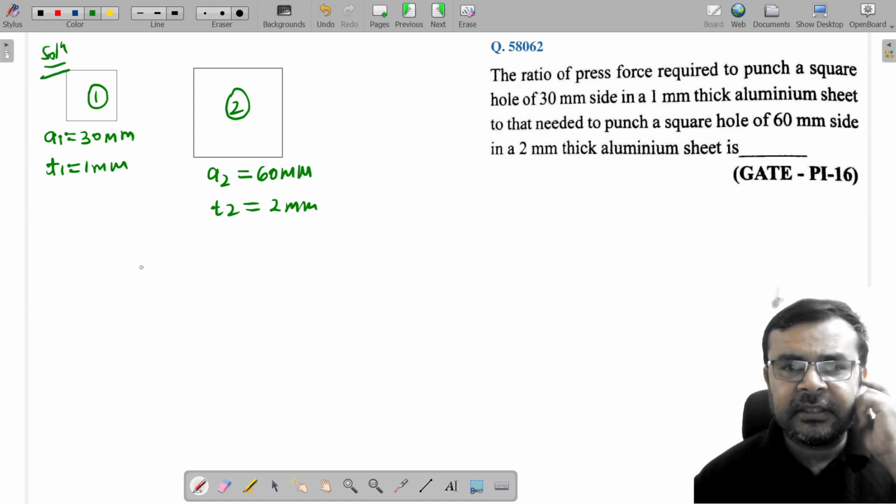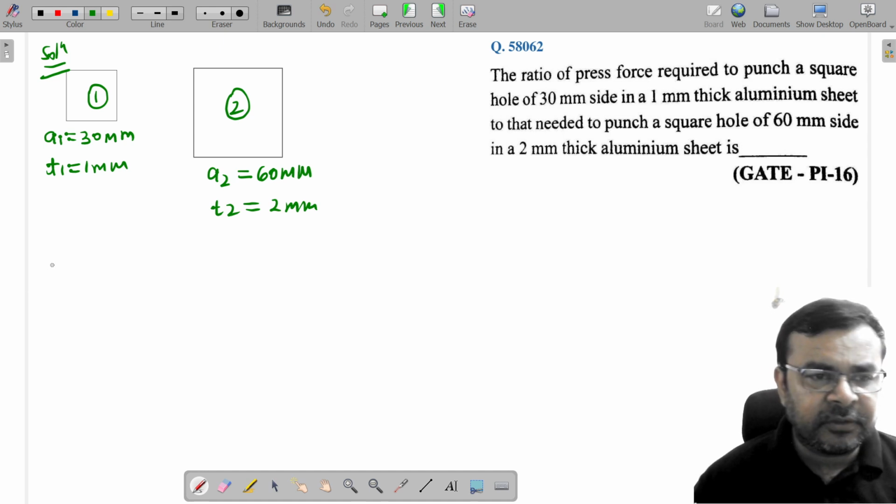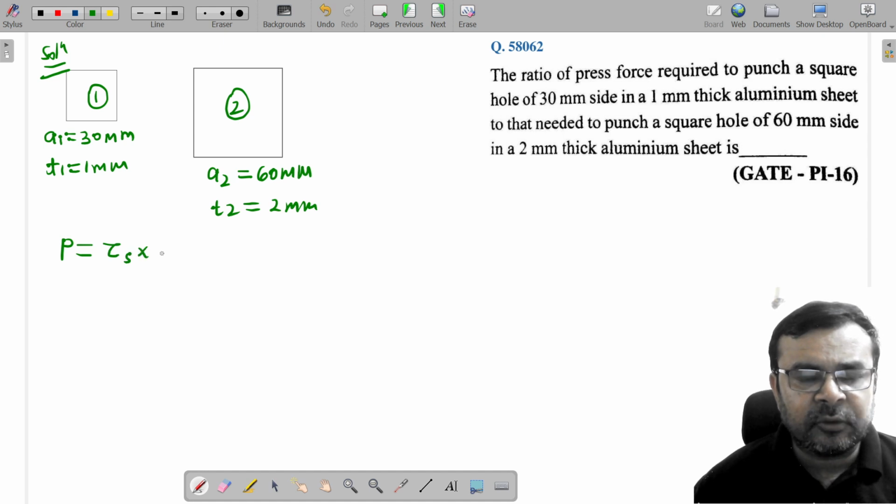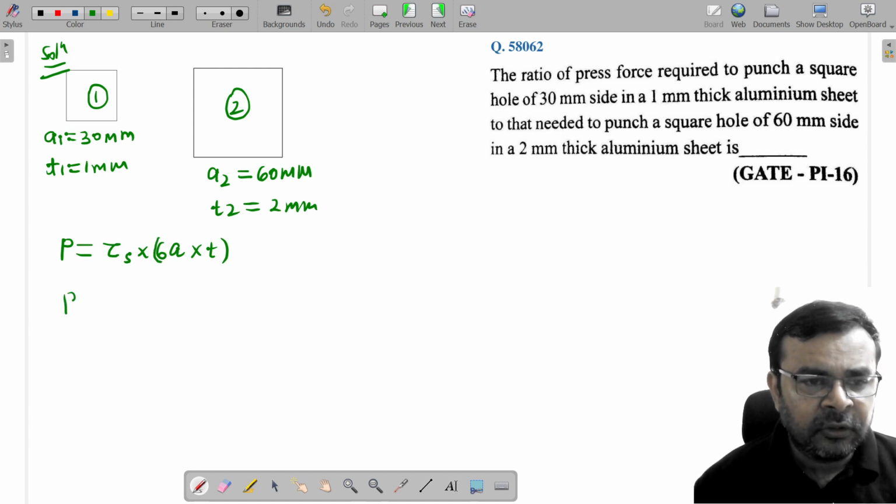So from this, we need to find the ratio of punching force required. The punching force is the shear strength of the sheet times the perimeter of this square. The perimeter of the square is 4a times thickness. This gives us shear area. Yes or no? So can I say the punching force is directly proportional to AT?